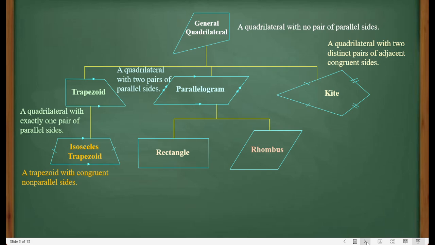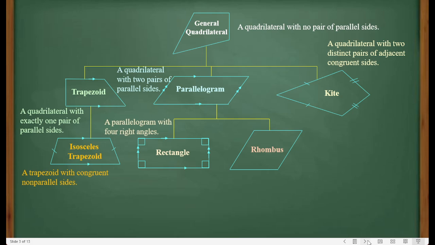As indicated by the arrowheads, either rectangle or rhombus are also parallelograms, actually special parallelograms. Now, the rectangle is defined as a parallelogram with four right angles, as indicated by small squares from all four corners.